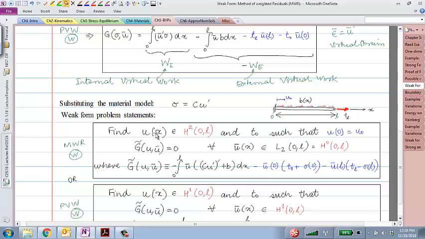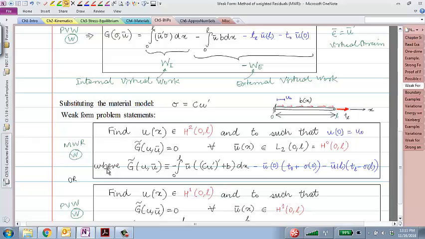So find that displacement, find the reaction such that this is satisfied, and that this weak form goes to 0 for all possible u bar in the space of L2, which is the square integrable functions, which is the same as H0, where this g bar functional is given as u times c u prime whole prime. That's the two derivatives on real displacement u. That's one form of the weak form statement.